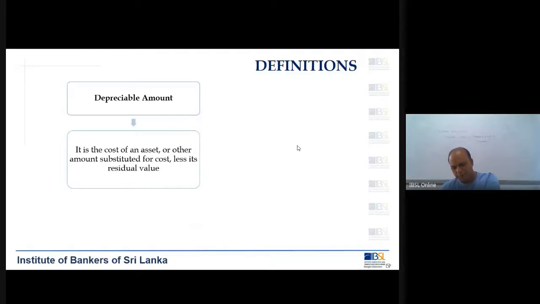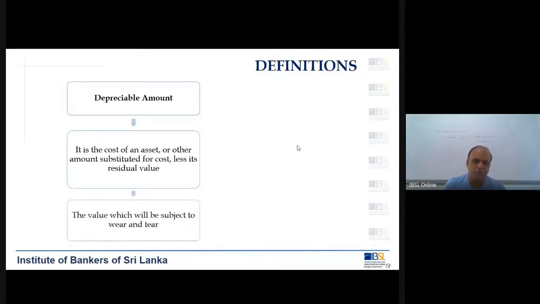Depending on which value you have, based on that you will calculate the depreciable amount. It is the value which will be subject to wear and tear. We talk about the wear and tear of usage of the asset. What do you mean by wear and tear? The damage that the asset goes through from usage.